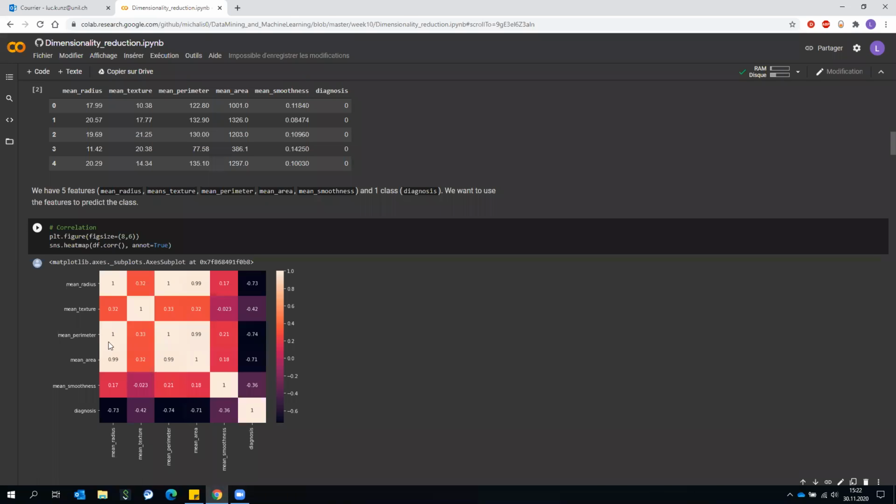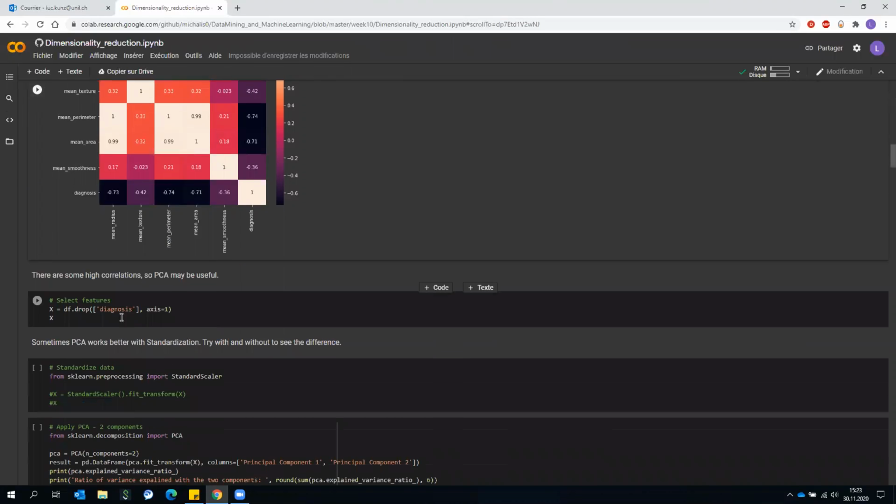We will see that we will be able to do this quite well in this case, because some of the features are highly correlated. So 1 and almost 1 is really high. So we won't lose a lot of information, a lot of variance in this case, and we will see this. Correlation coefficients are useful to know if it's possible and if it makes sense to apply a dimensionality reduction technique.